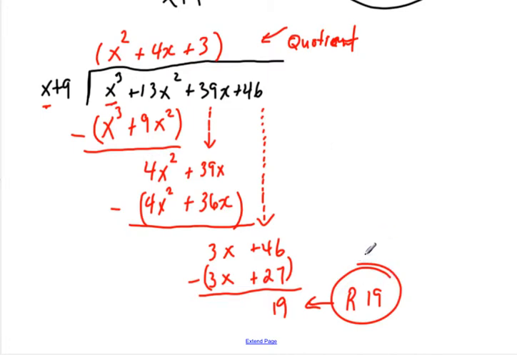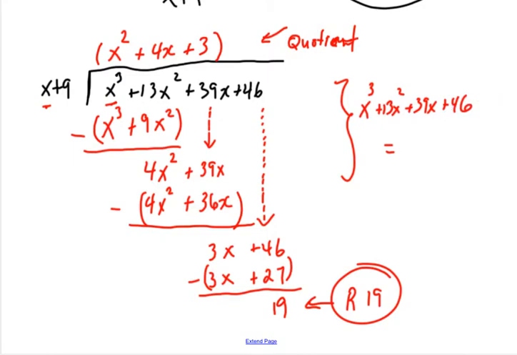That's our remainder. Now what we can do is write a quotient statement that says what you just did. I usually like to write my statement like this: x cubed plus 13x squared plus 39x plus 46. I'm going to run out of space, so I'll keep continuing.